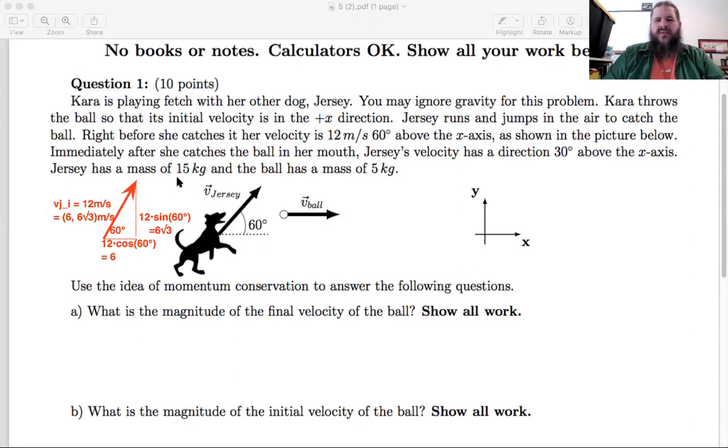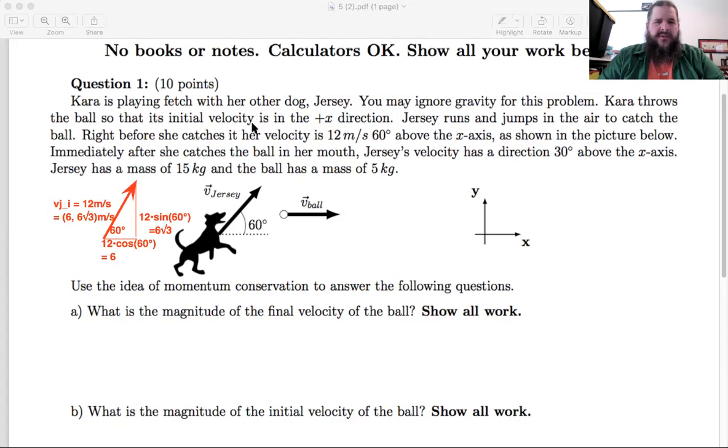And there are two ways you can do this. You can multiply 12 meters per second times 15 kilograms to get the magnitude of momentum, and then split that into components. Or we could just multiply both the x and y components by 15 kilograms individually, because you're multiplying the velocity vector times the mass. That means you could multiply the magnitude by the mass and keep the angle, or since we already split it into components, multiply each component by the mass individually.